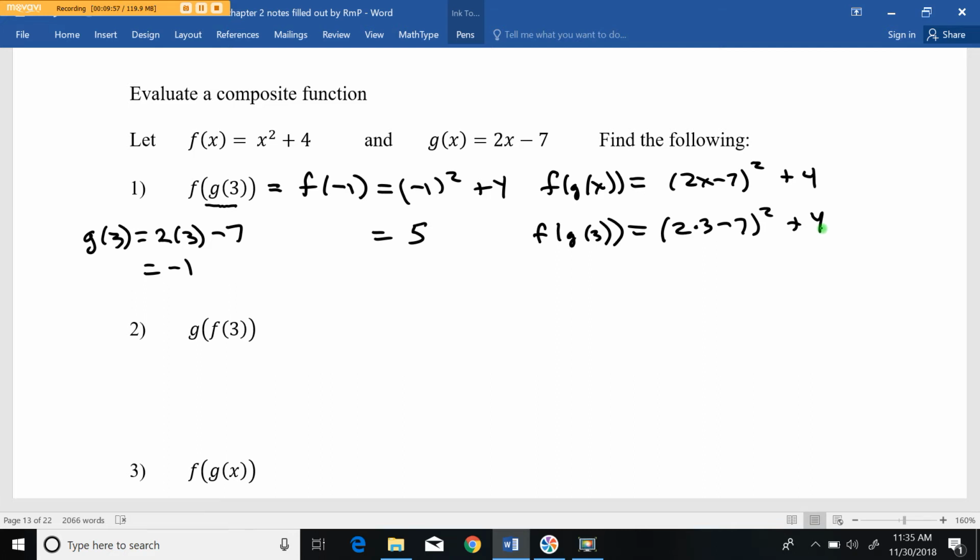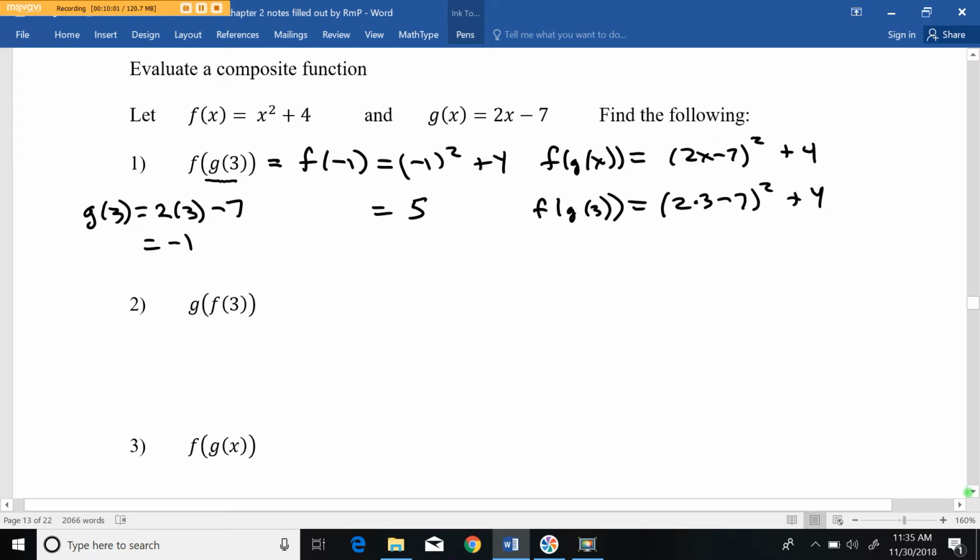All right, number 2. Let's start by finding f of 3. And we can do that by subbing 3 into our function here, f. That's going to be 3 squared plus 4. 9 plus 4, that's 13.